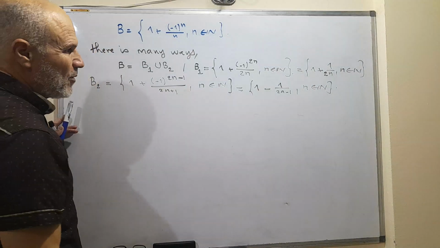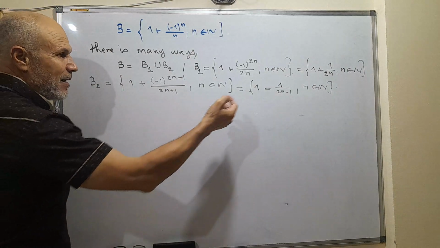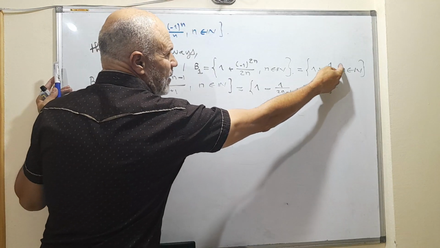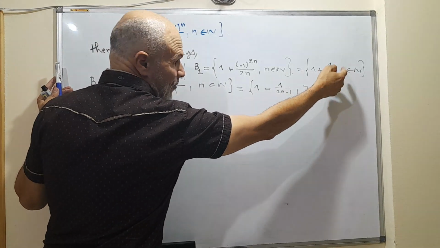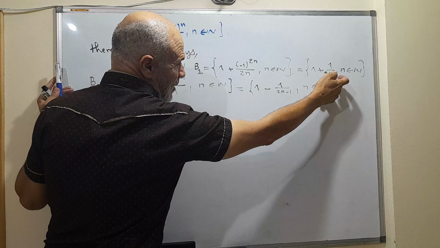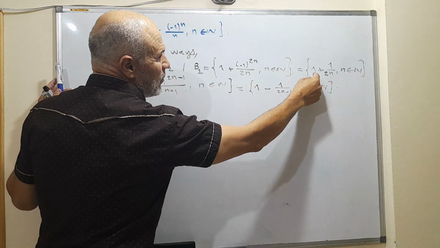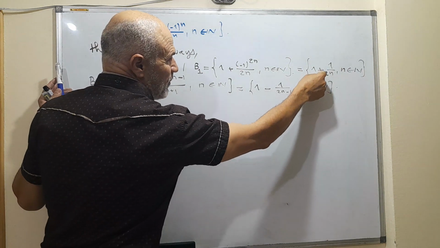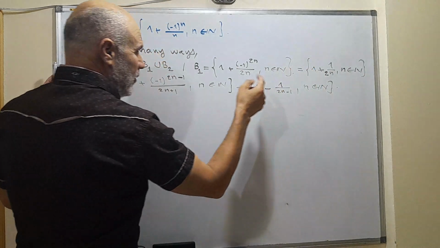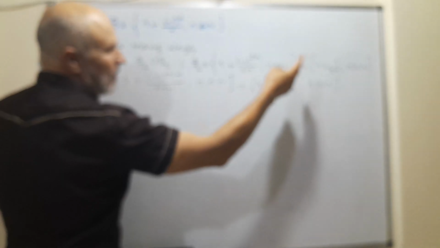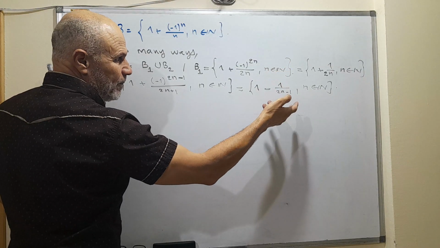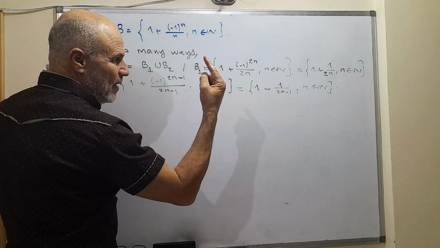Actually, if we know about sequences, we can say that in this case, for example, this is a non-increasing, so a decreasing sequence. So the supremum of B1 is equal to the first term, 1 plus 1/2, so the supremum is 3 over 2, and the infimum is 1.